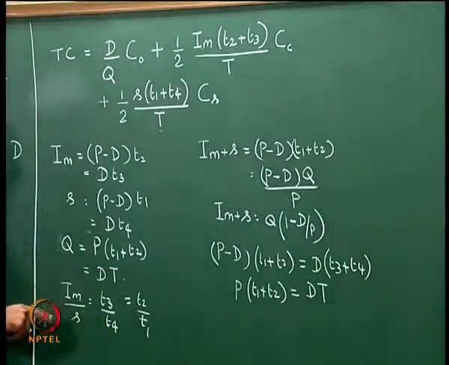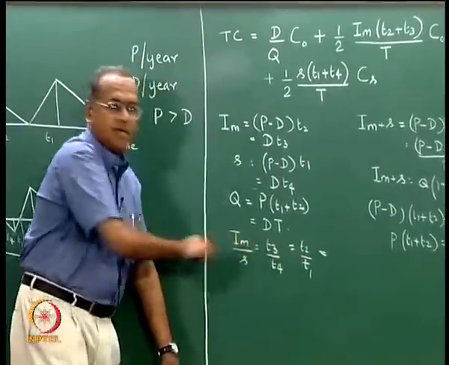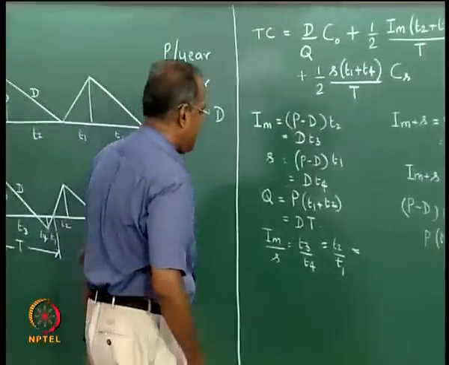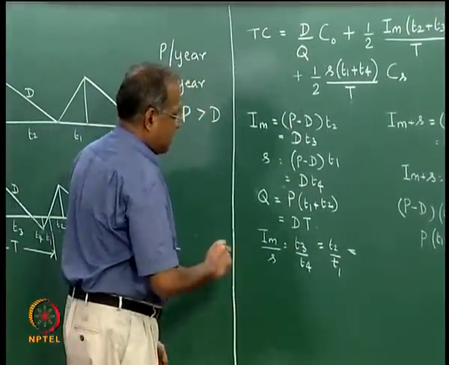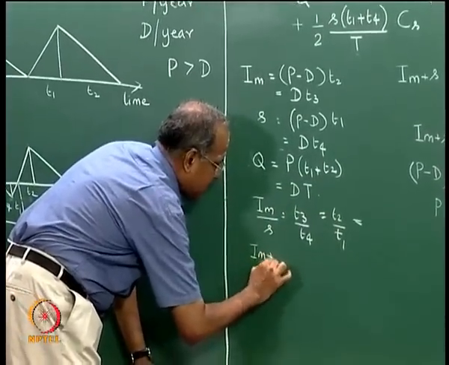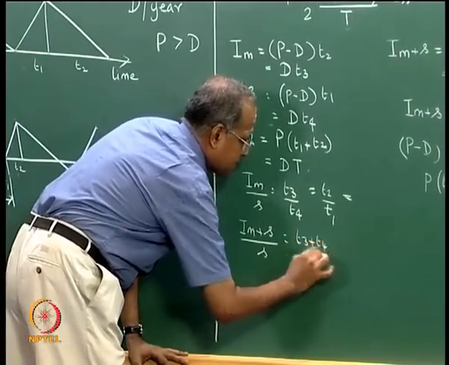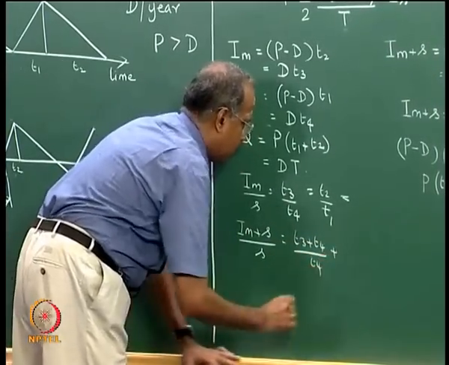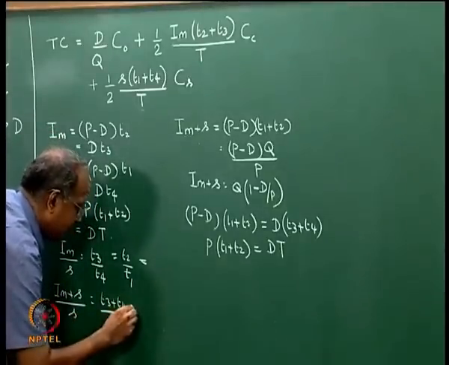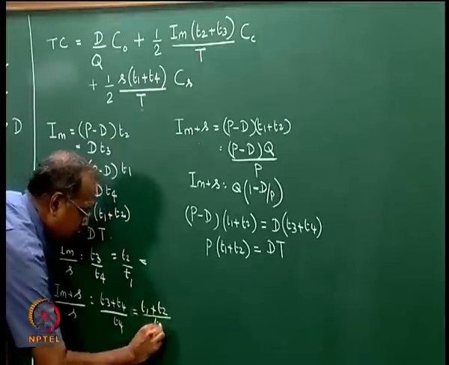From this we can also write another thing. So, if A by B is equal to C by D, each is equal to A plus C by B plus D, that is one thing. We can also do one more thing here, which is Im plus S, add 1 to everything. So, Im plus S by S is equal to T3 plus T4 by T4, which is equal to T1 plus T2 by T1.